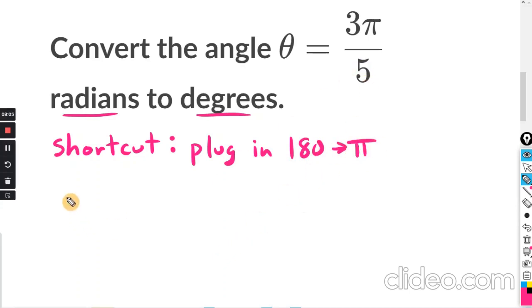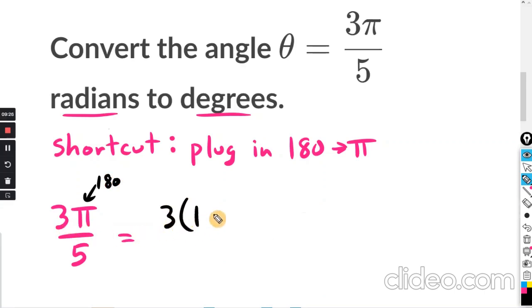All right, so we're starting with 3 pi over 5. And I am just going to plug in 180 right here in place of pi. Very simple. So instead of 3 times pi, that's going to be 3 times 180 divided by 5.